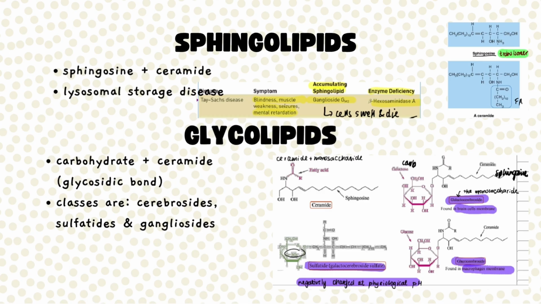And symptoms of that are things such as blindness, muscle weakness, seizures, and mental retardation. So glycolipids are carbohydrates and ceramides, as I've already mentioned, and the classes are cerebrosides, sulfatides, and gangliosides.